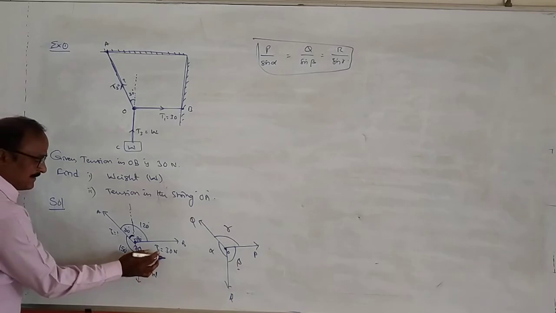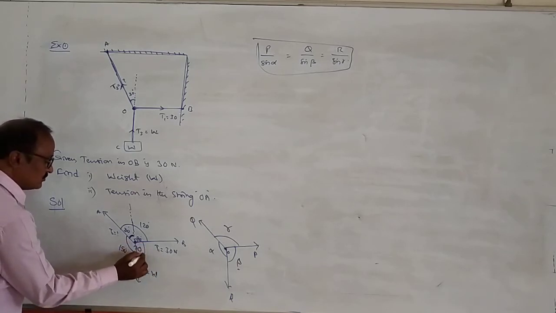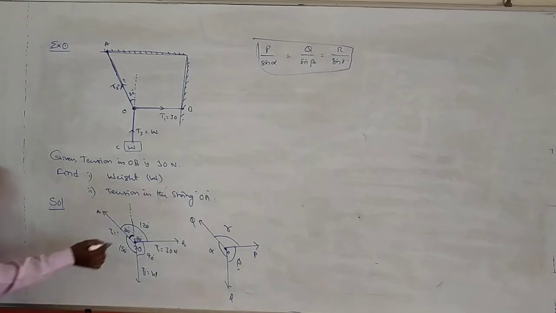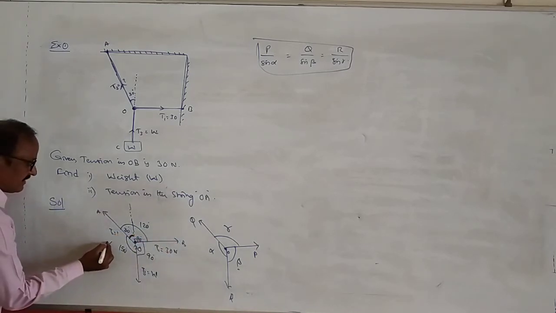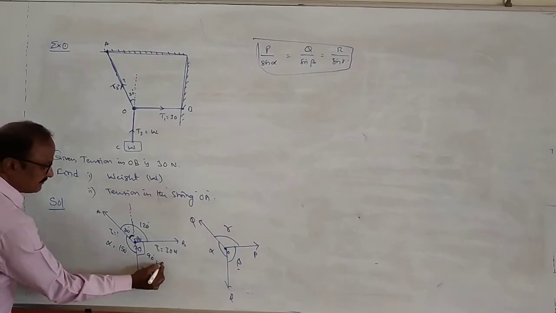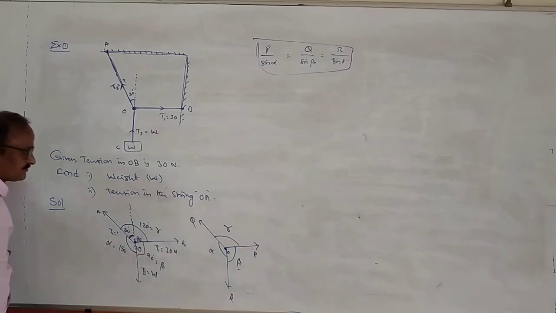And the angle between T1 and T3 is 90 degrees, perpendicular. So this is alpha, this is beta and this is gamma.